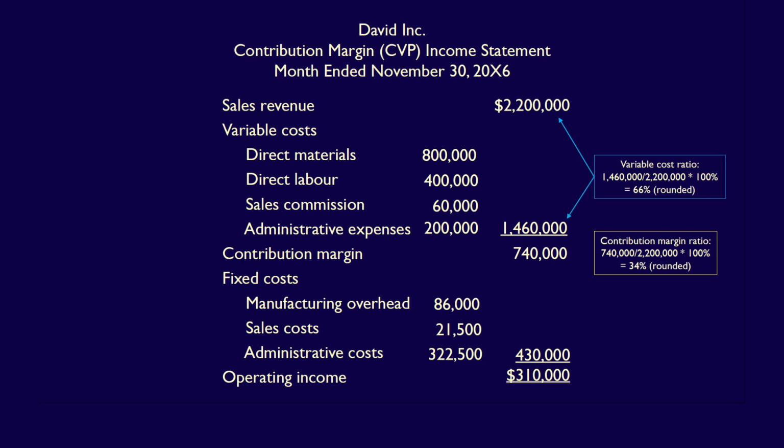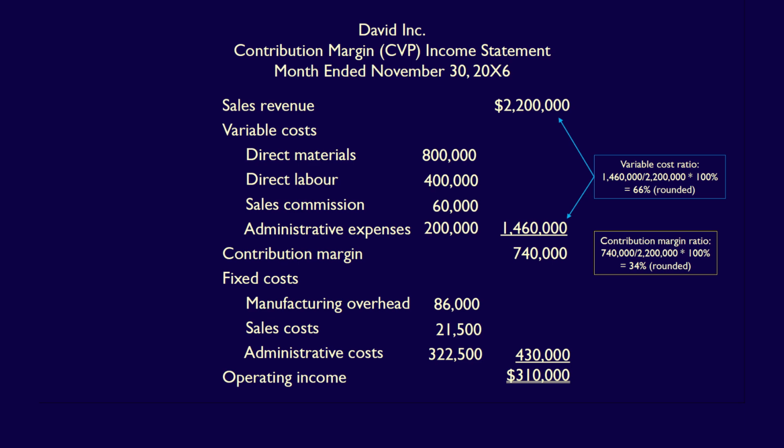Using the contribution margin income statement, we can also calculate the variable cost ratio, either in total or per unit. If we calculate the variable cost ratio in total, we would take the total variable costs divided by the total sales revenue multiplied by 100%. Therefore, total variable costs of $1,460,000 divided by total sales revenue of $2,200,000 multiplied by 100% is equal to 66%.